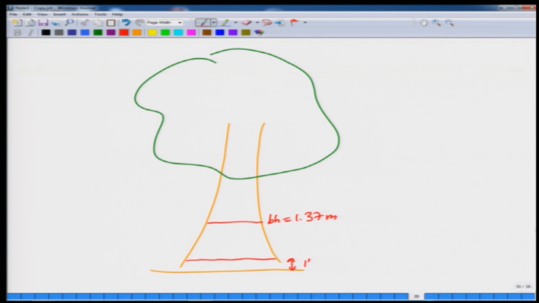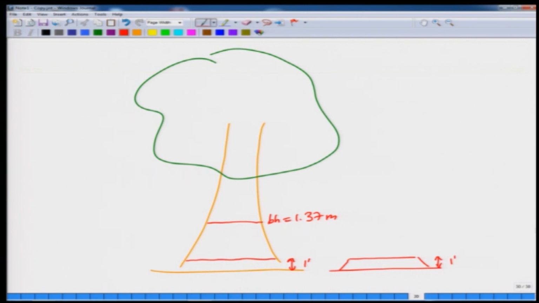So, to avoid the damage and also for the sake of convenience, you cut the tree at a certain height, and this height is known as the stump height. Once you have cut this tree, you will have a stump left on the ground, and the height of the stump is this 1 foot where you cut this tree. So, this is at the stump height.